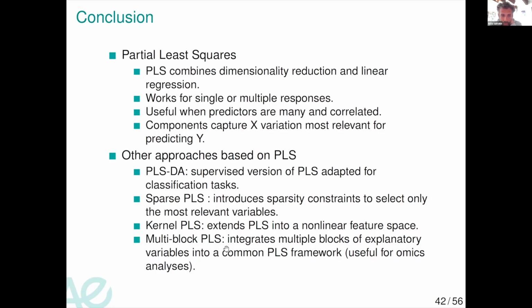And there are also different methods to perform multi-block PLS that could be useful if you have different blocks of variables. For example, it's very common in omics analysis where you could have a block of metabolomic data, a block of genomic, a block of metatranscriptomic, and you want to predict, I don't know, some kind of target response.